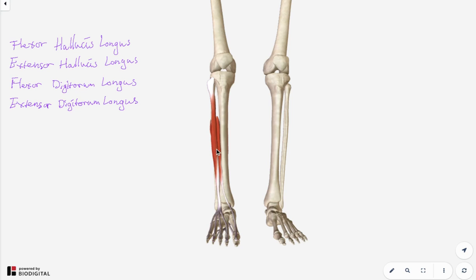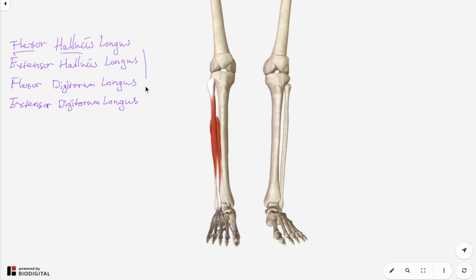And it's pretty easy to remember these four muscles and their actions on the toes because their name literally tells us. So the flexor hallucis longus is a muscle that flexes the hallux. The extensor hallucis longus is a muscle that extends the hallux and such.